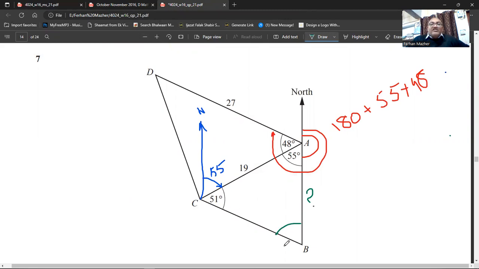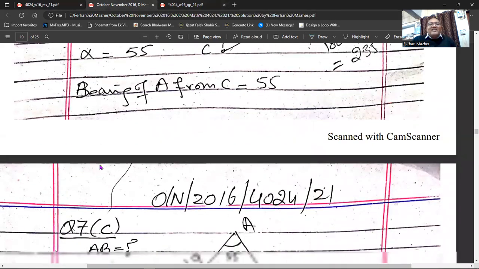Just calculate how much this angle is. That will be 180 minus 55 minus 51. Once you know this angle, opposite to this angle you have 19 kilometers, and opposite to 51 degrees, how much will this side be? So you can apply the law of sine and very easily solve it.